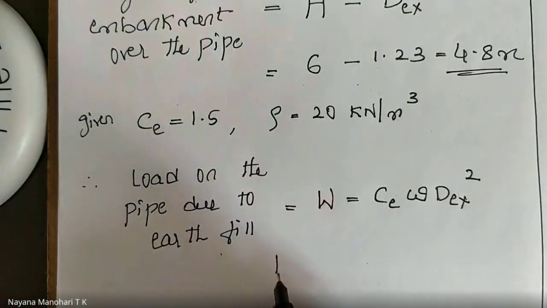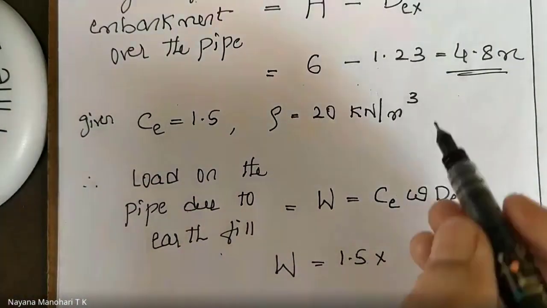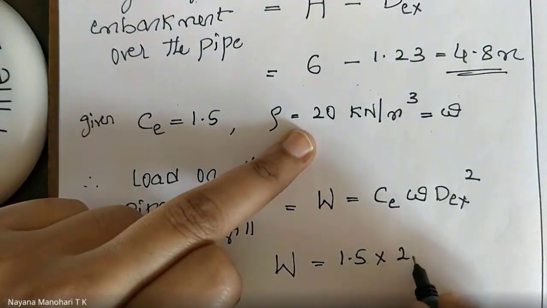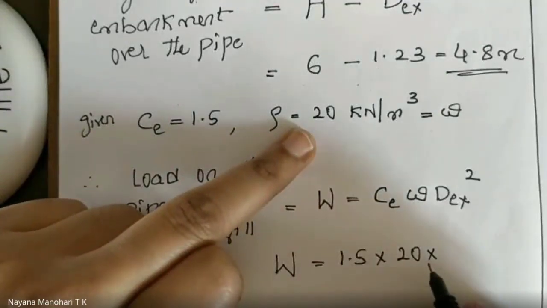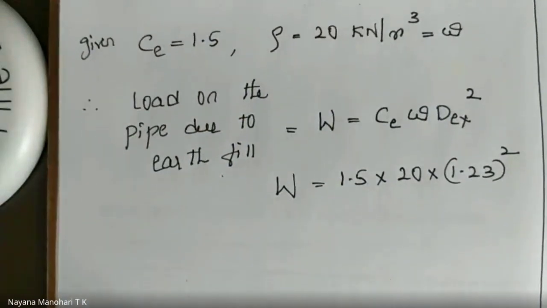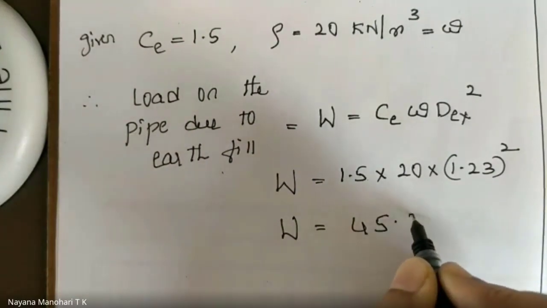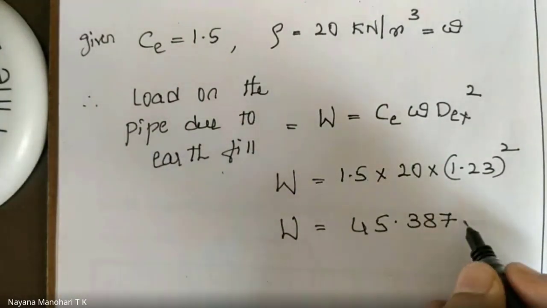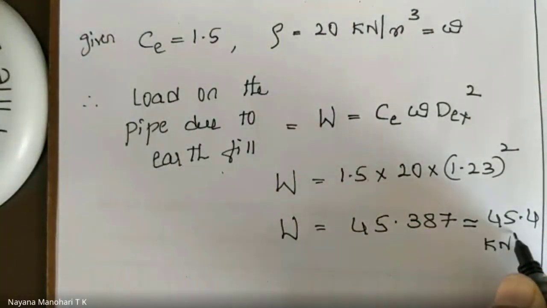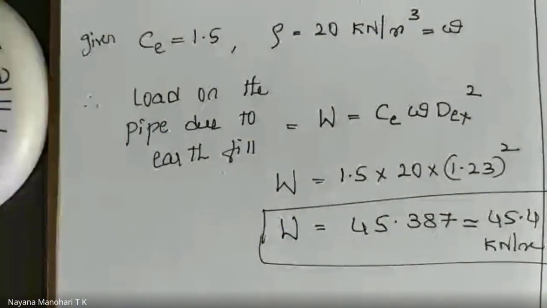Capital W equals C value 1.5, and small w is the unit weight of the soil, which they have given as 20, times external diameter 1.23 whole square. Calculate the load on the pipe due to earth fill. What will be the W value? We'll get 45.387. Round it off to 45.4 kilonewton per meter. This is your total load on the pipe due to earth fill.